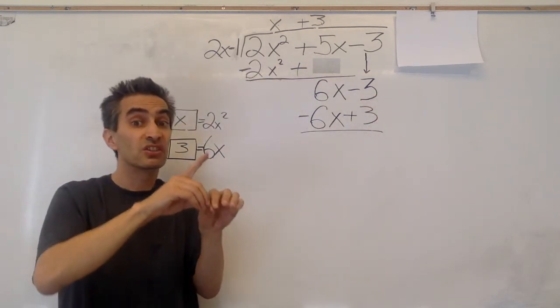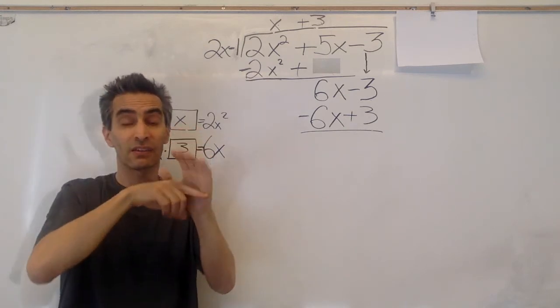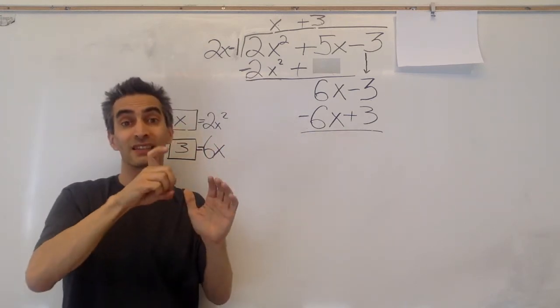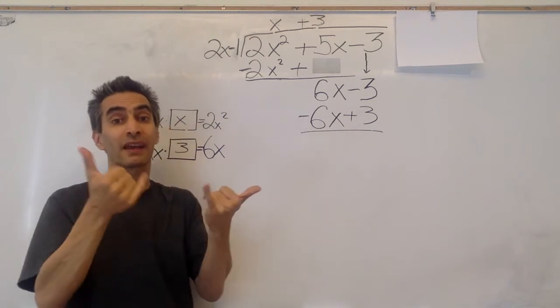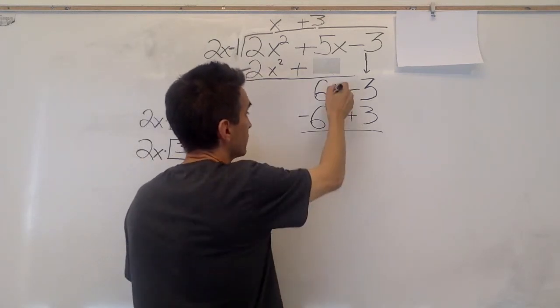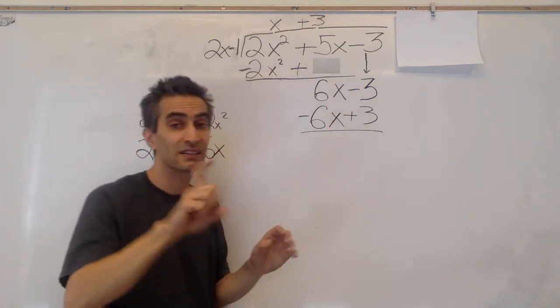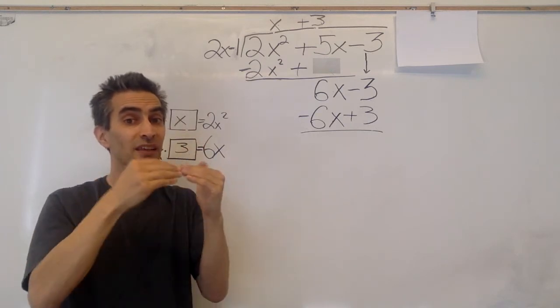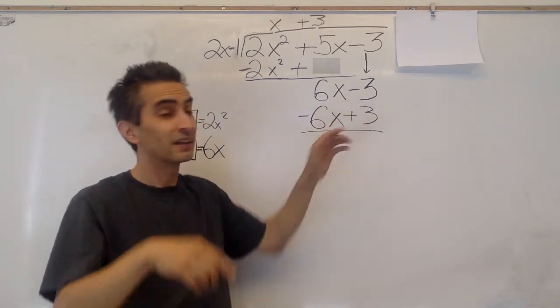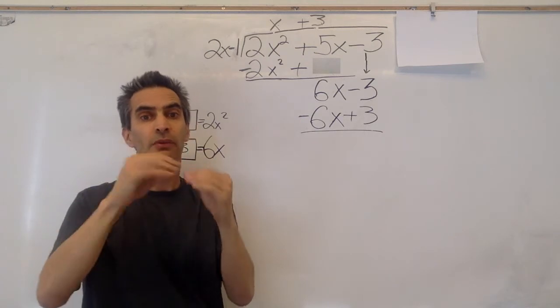Really important: you've got to distribute that minus sign. Now we've got negative 6x plus 3, and we subtract. 6x minus 6x equals 0. Negative 3 plus 3 equals 0.